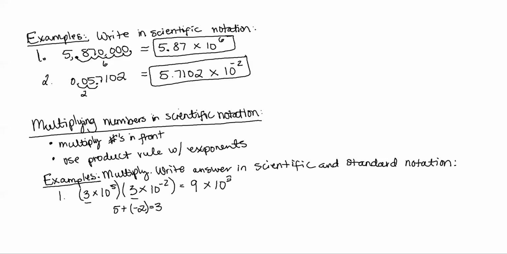This one's already in scientific notation actually, because 9 is a single digit number. And so we're going to leave this as our scientific notation. For standard notation, we want to take our decimal, so the 9 has an imaginary decimal there. Move it to the right 3 places, so 1, 2, 3. And then 10 to the third, we're going to add in those 3 zeros, and we get 9,000.